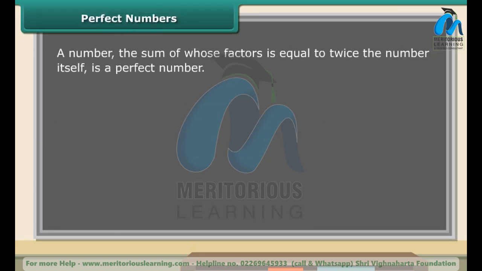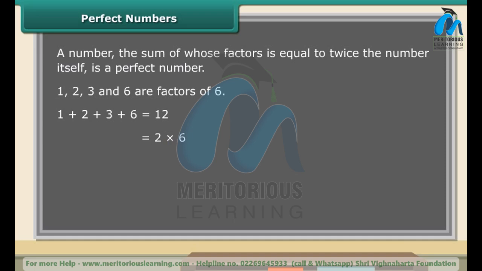A number, the sum of whose factors is equal to twice the number itself, is a perfect number. For example, 1, 2, 3 and 6 are factors of 6. The sum of the factors 1, 2, 3 and 6 is 12, which is the same as 2 times the number 6.